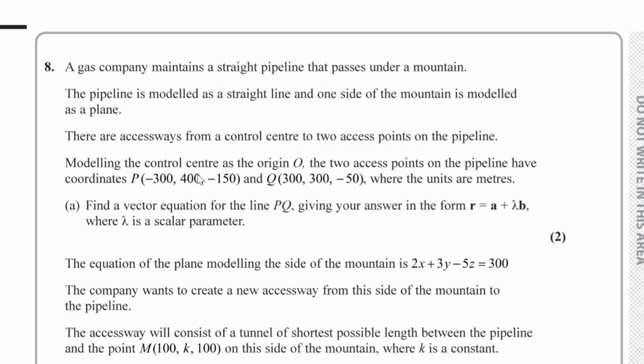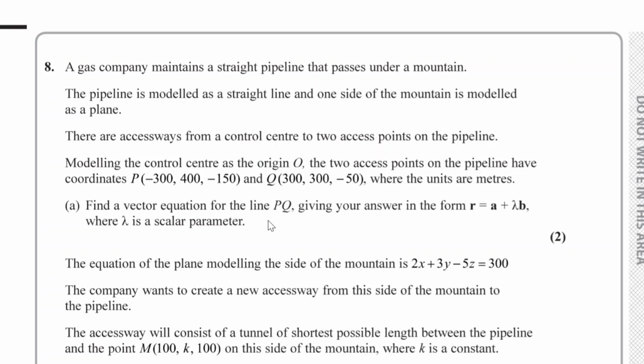Modelling the control center as the origin, the two access points on the pipeline have coordinates P with coordinates minus 300, 400, minus 150 and Q with coordinates 300, 300, minus 50, where the units are meters. For part A, we have to find a vector equation for the line PQ, giving an answer in the form r equals a plus lambda b, where lambda is a scalar parameter.